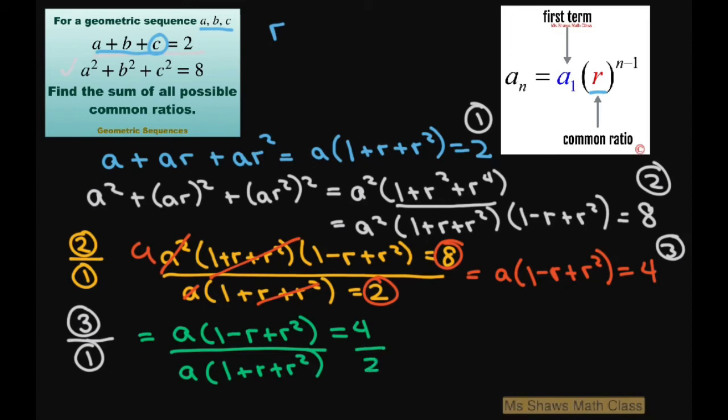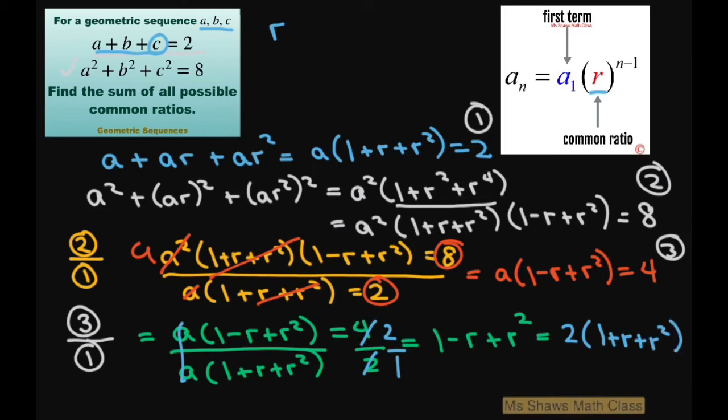So this is going to give me 1 minus r plus r squared over 1 plus r plus r squared equals 4 over 2. The a's cancel, right? You cross multiply, and you get 1 minus r plus r squared equals 2 times 1 plus r plus r squared.